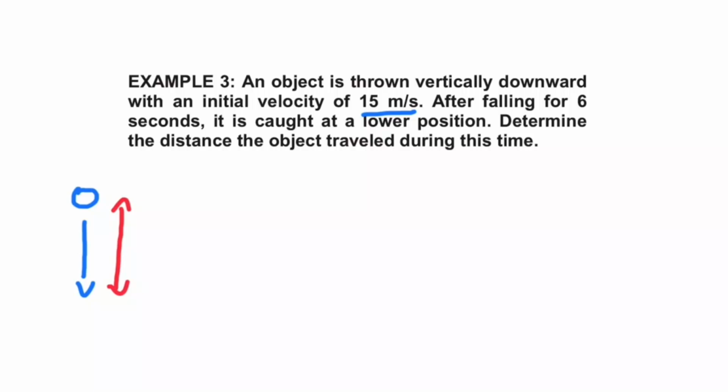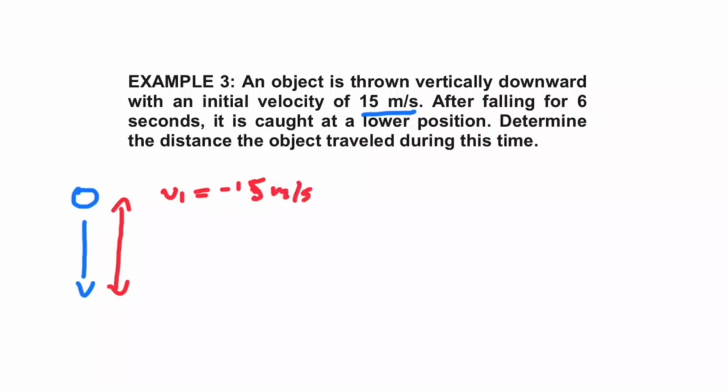Okay, so let's jot down the information we have. Which variables are we dealing with? Well, we have an initial velocity of 15 meters per second. Before we write all that down, let's decide on the direction. As always, let's take up as positive. If we do that, then our initial velocity is equal to minus 15 meters per second.